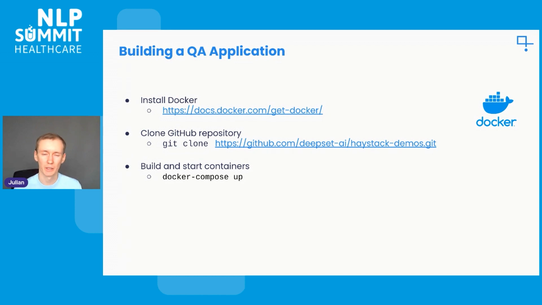This will build the Docker containers from the Docker files and also start these containers. So you will have 3 containers running in Docker: one for the data, Elasticsearch in this case, one for Haystack NLP, so the API of Haystack, and the third one is the UI.